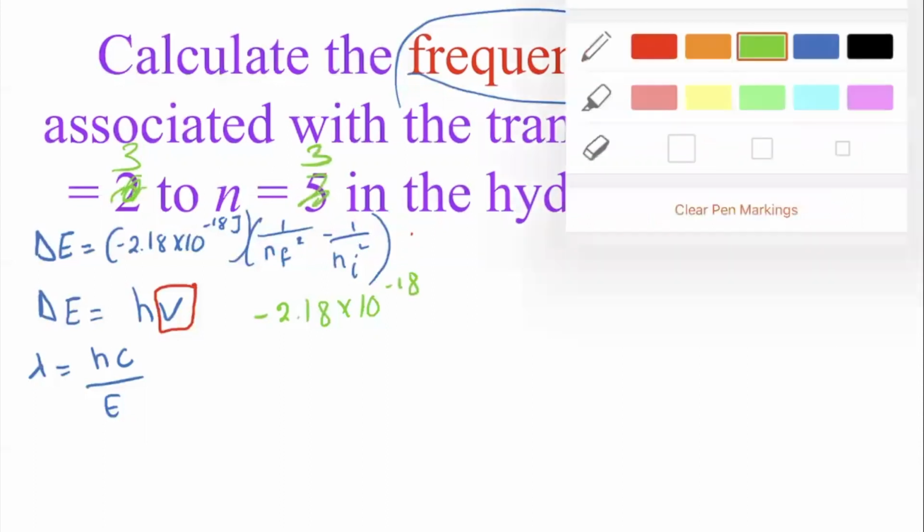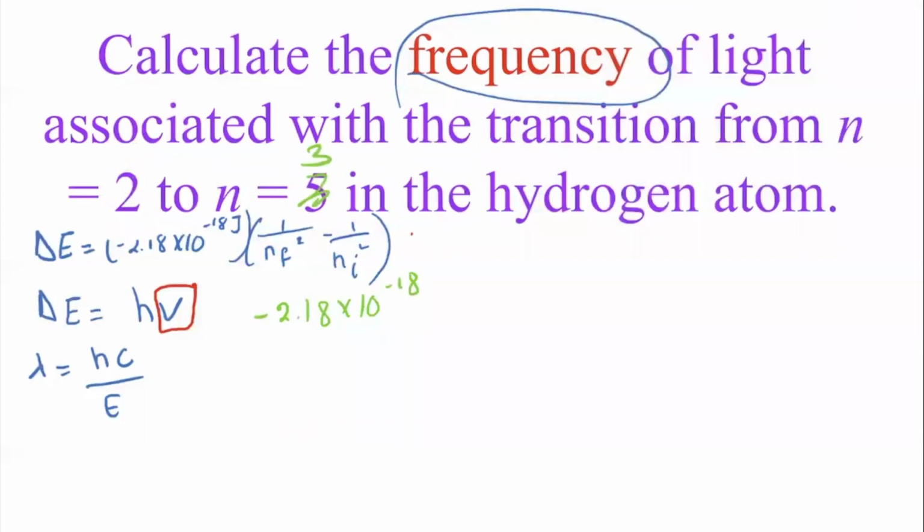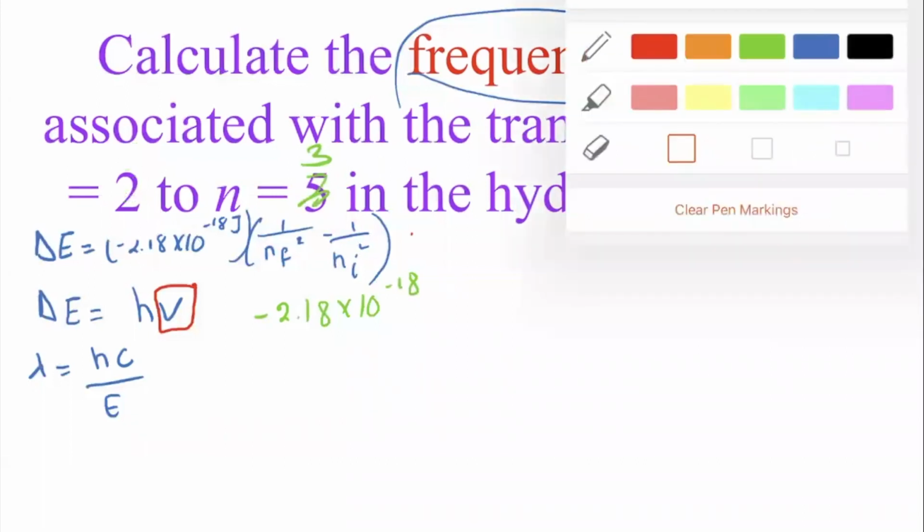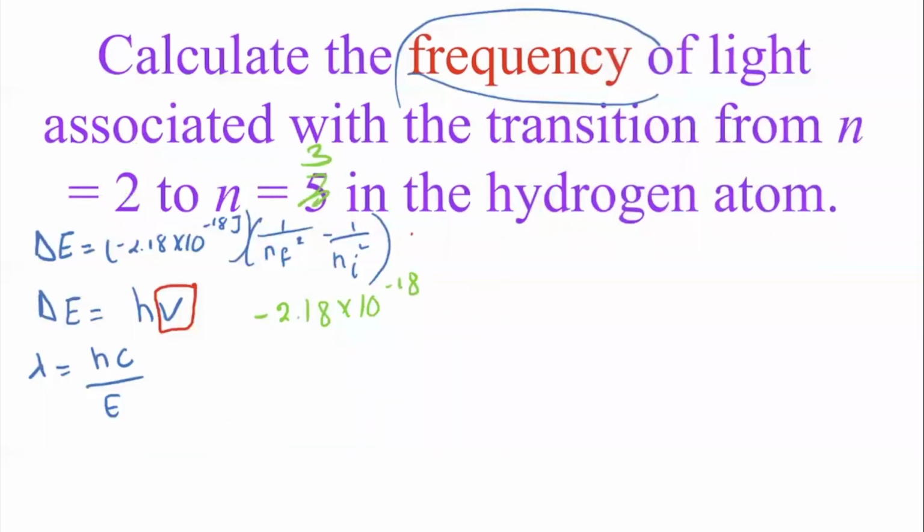So that was correct. I'll fix it on your slides. So the final is going to be 1 over 3 squared minus 1 over initial, which is 2 squared. And when you do the math, let me put it in the calculator.